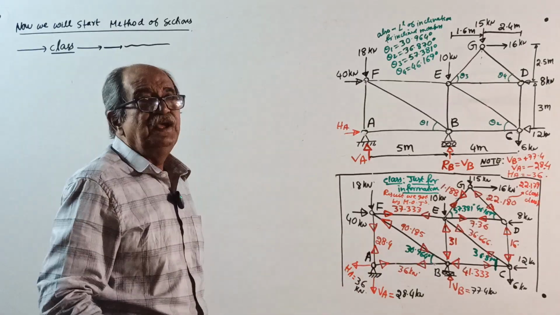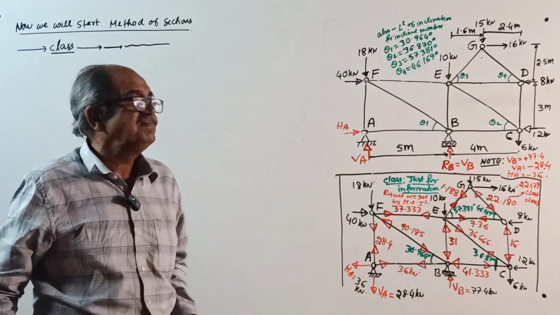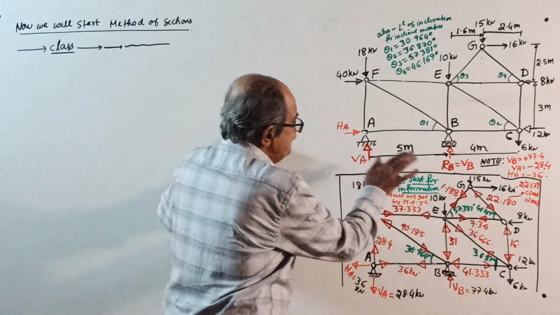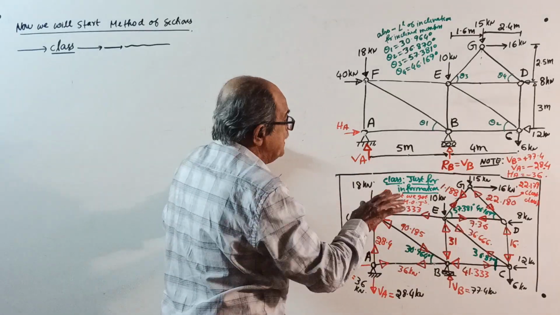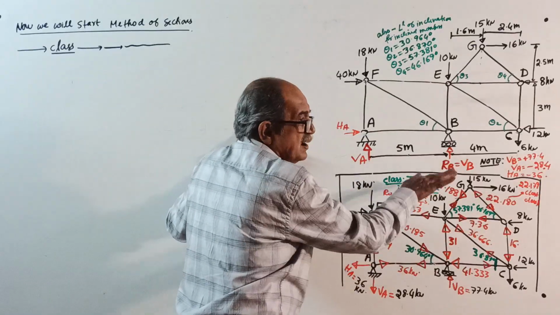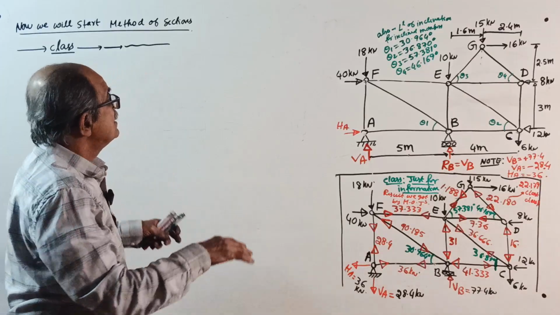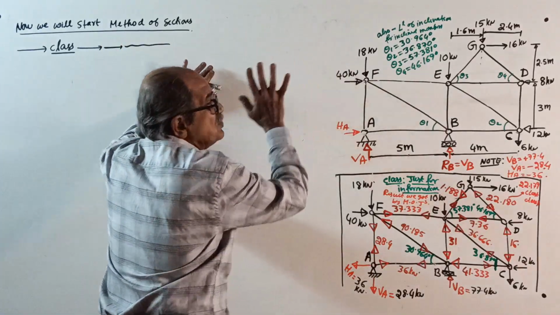But if it is an independent question, as I told you in today's class, you are not supposed to look at this. This is only for our personal verification. Today we are solving an independent question.